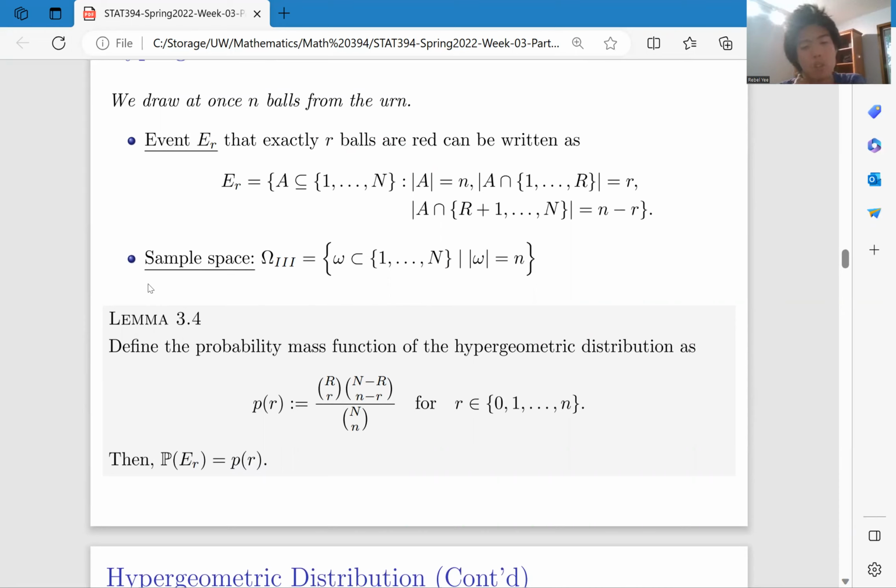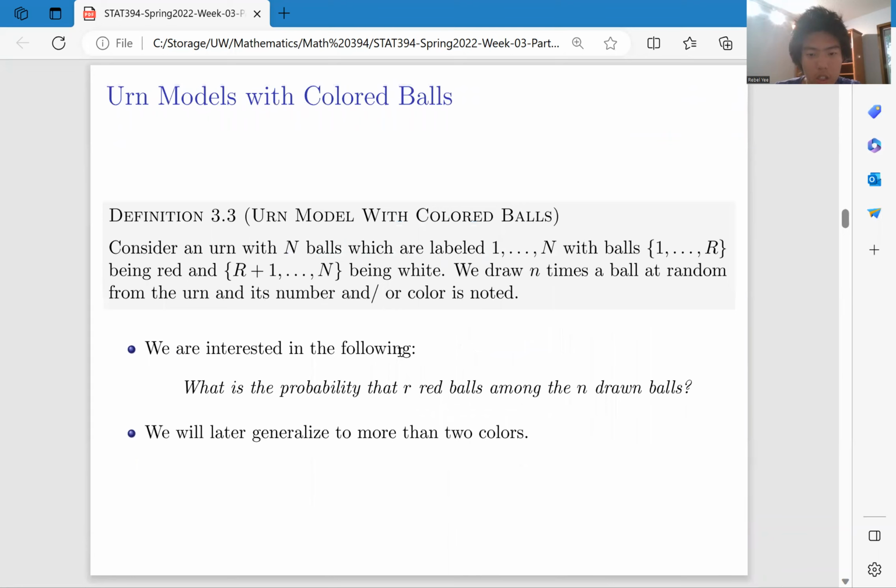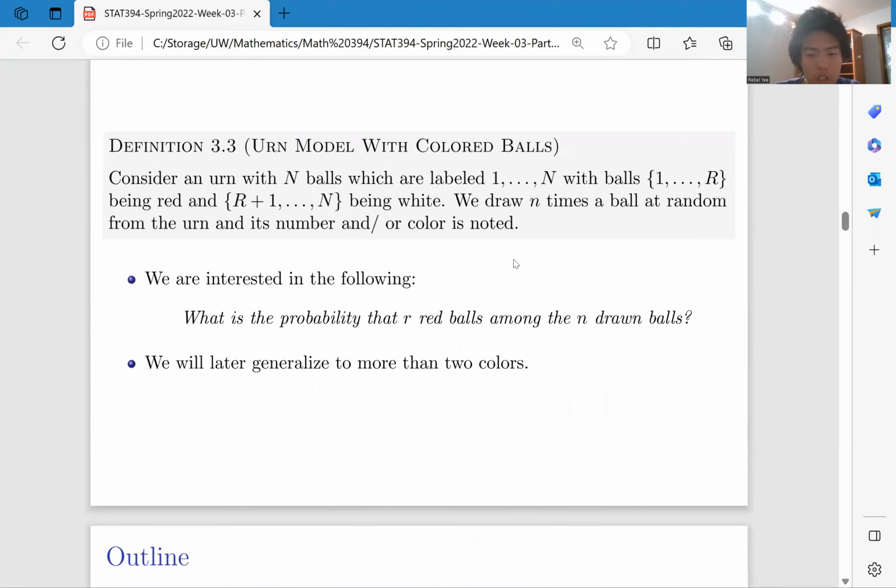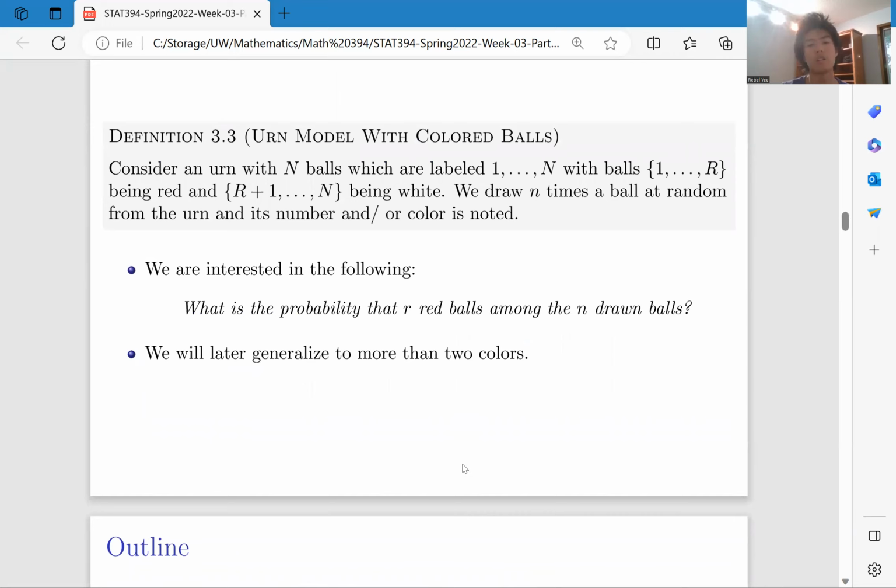The sample space omega is the set of subsets of 1 to N, because we just need one requirement, that is to choose n elements from the capital N elements. As for its cardinality, because here we say the balls are drawn out, we don't say whether it's repeated or not.